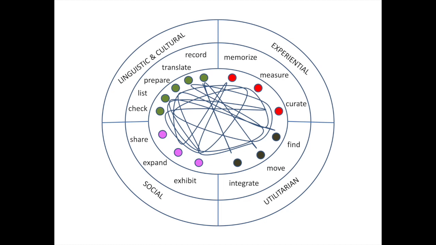And how to integrate, I've used the verb integrate, with all the administrative stuff you have to do when you arrive in France, going to different administrative offices. The other one is social use of applications like Facebook, Instagram, and so on. You want to share this with your friends, you want to expand your network, you want to exhibit who you're becoming in France, your French self, in this context.